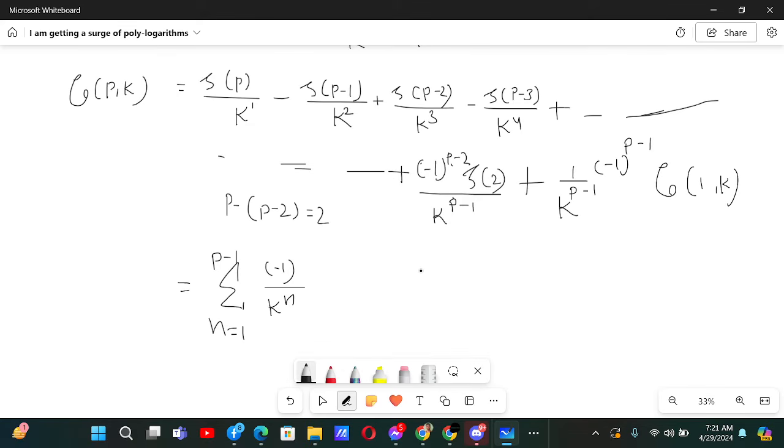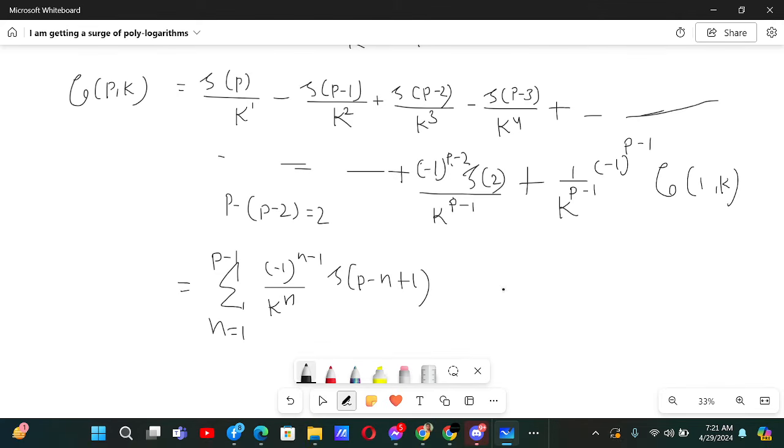And then for the sign, basically this is p minus 1, so here 1 less, that means n minus 1. And next here also we basically have minus 1, minus 2. In the second term we have minus 1, that means what we can do is Riemann zeta of p. In the second term if we subtract n, it will be minus 2, but we just need minus 1, so we can make it plus 1. This generalizes to other terms as well.